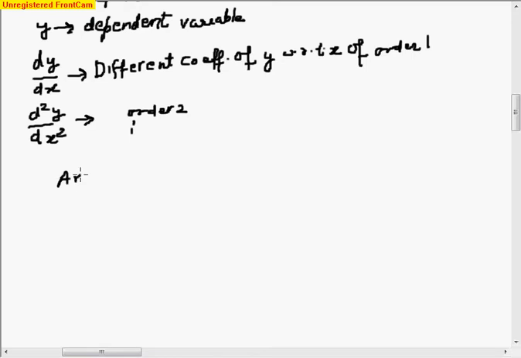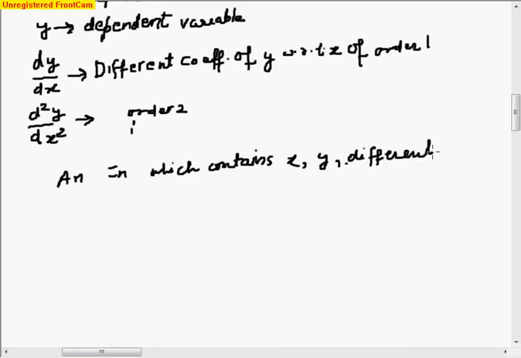So, an equation which contains an independent variable x, dependent variable y, and differential coefficients is called a differential equation, right?